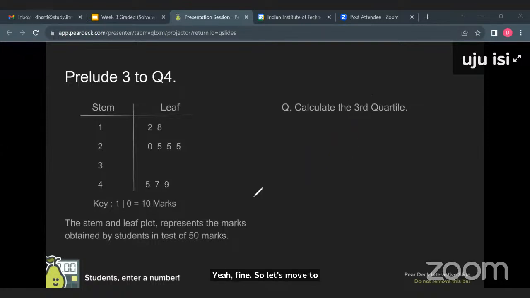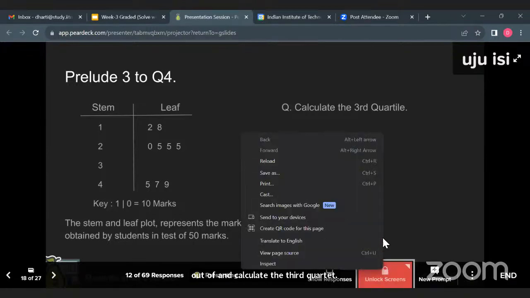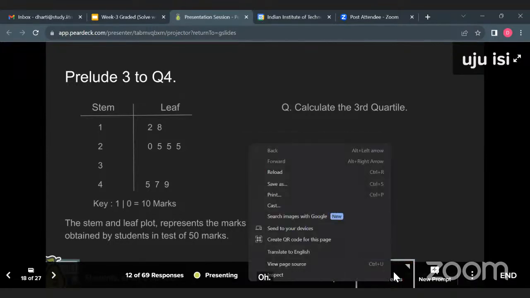What it asks is, for the same stem and leaf plot, with the marks obtained out of 50, calculate the third quartile. Yeah, just try it.